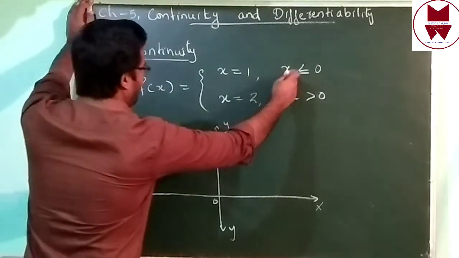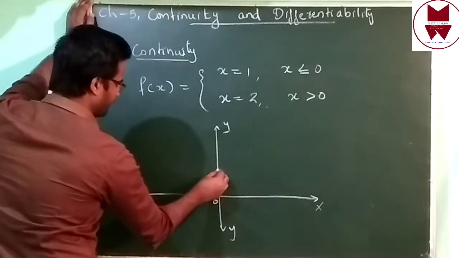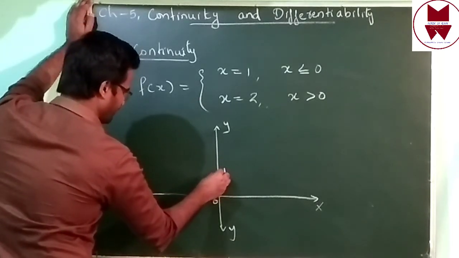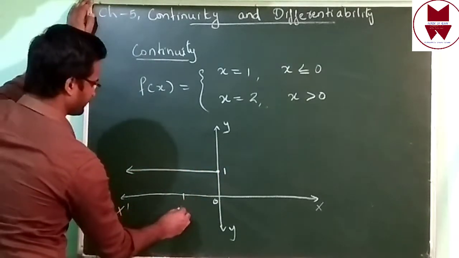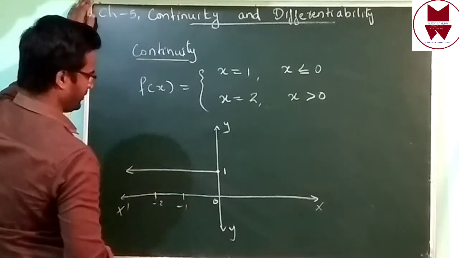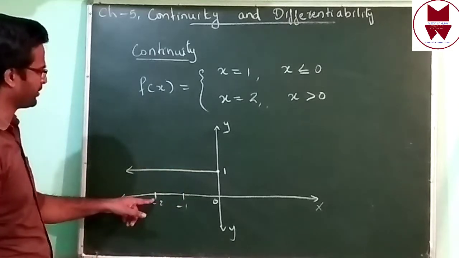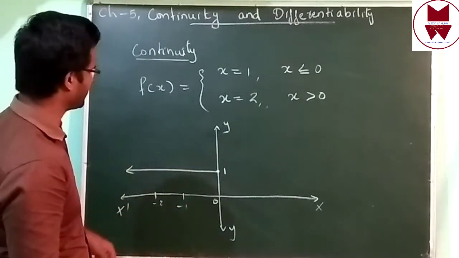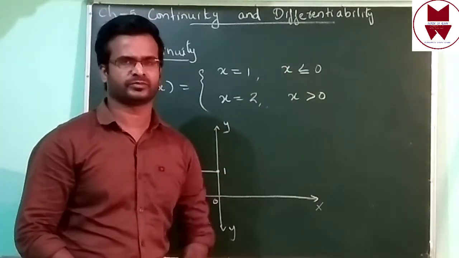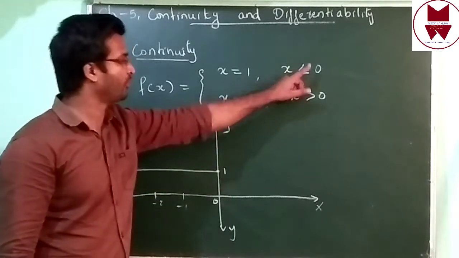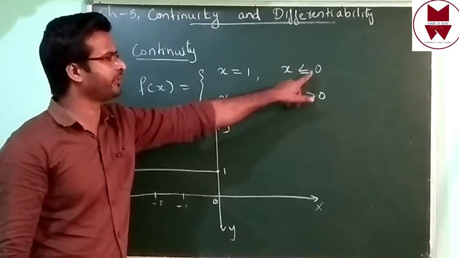Then when x is less than or equal to 0, what is the value of the function? It is 1, so from here, this 1, this left side. If you take minus 1, what is the value of the function? 1 only. If you take minus 2 also, the value of the function will be 1, because minus 1, minus 2 are all less than 0. If you take 0, that time also the value of the function will be 1 only.